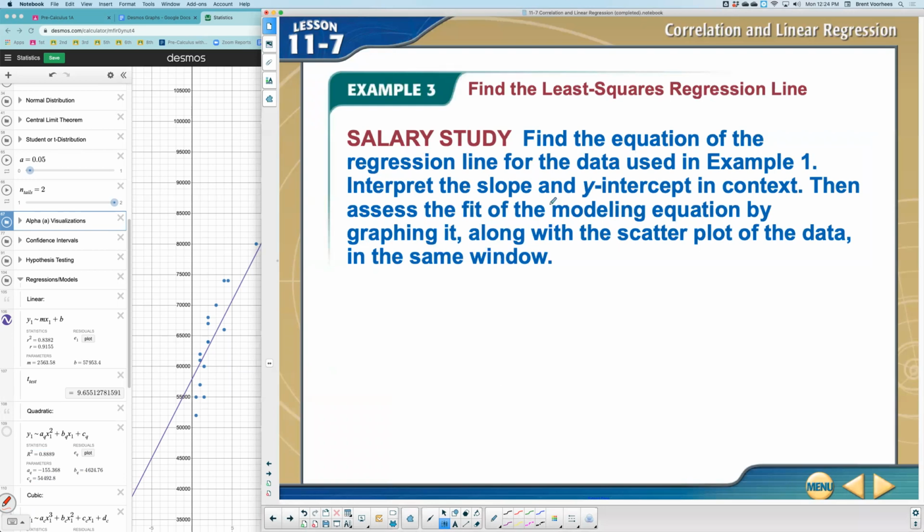It says, find the equation of the regression line for the data used in example 1. Interpret the slope and y-intercept in this context. Then assess the fit of the model equation by graphing and overlaying the scatter plot data in the same window, which I've already taken part of from the last one.